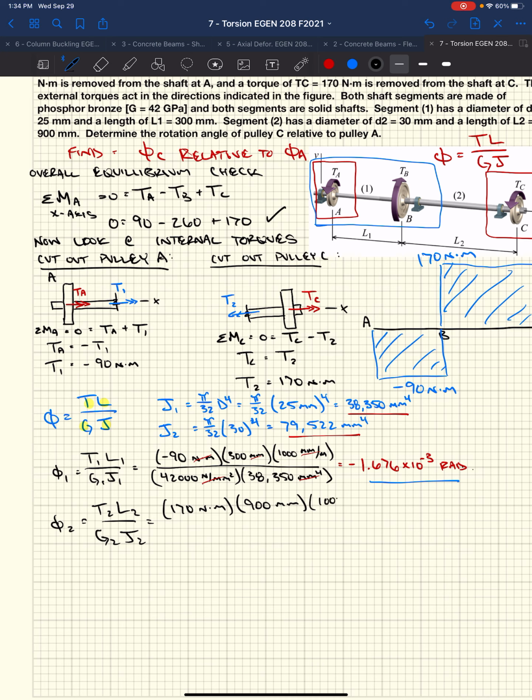We've got 1,000 millimeters per meter. 42,000 newtons per millimeter squared. Finally, our J2 is 79,522. And we get a positive 4.581 times 10 to the negative third radians.